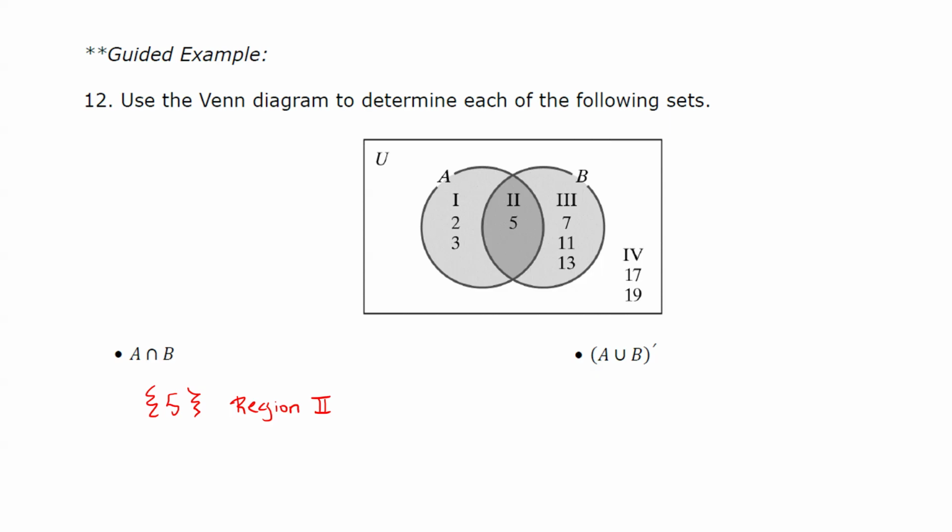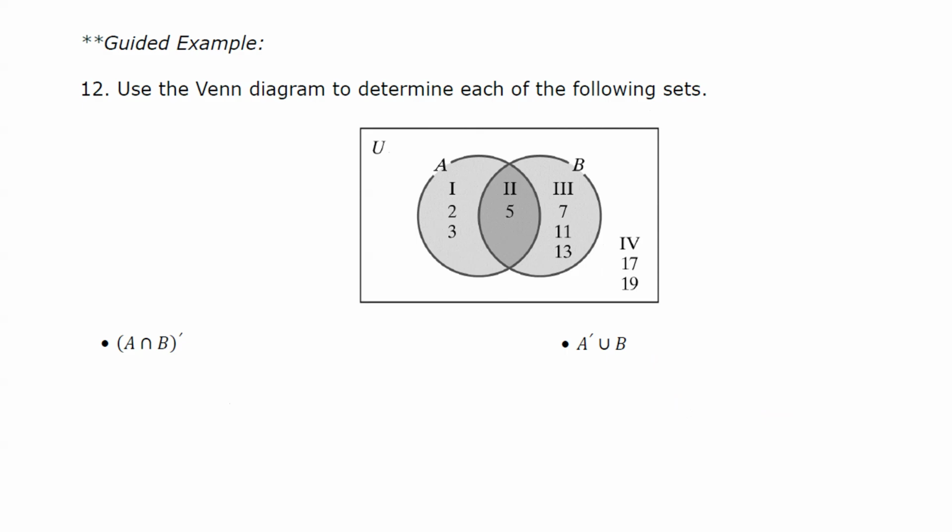Now I want the complement of that, so the values that aren't in those circles. That would be 17 and 19, which is region number 4.